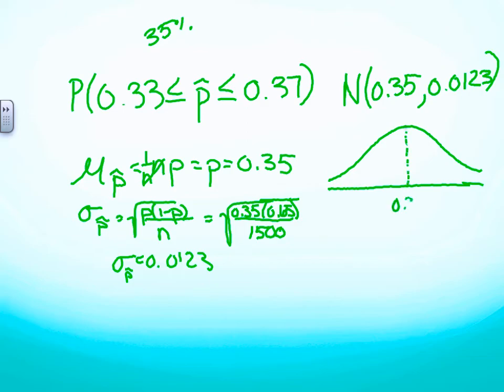Here is my proportion, 0.35. I'm looking for within 2 percentage points of your proportion.